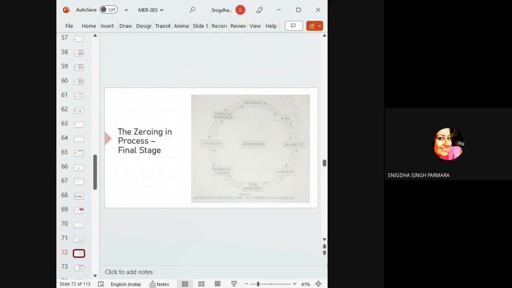Right? So, in several respects, the final selection should follow the course of action that has been already adopted in the previous stages, but with a minor difference. What is that minor difference?